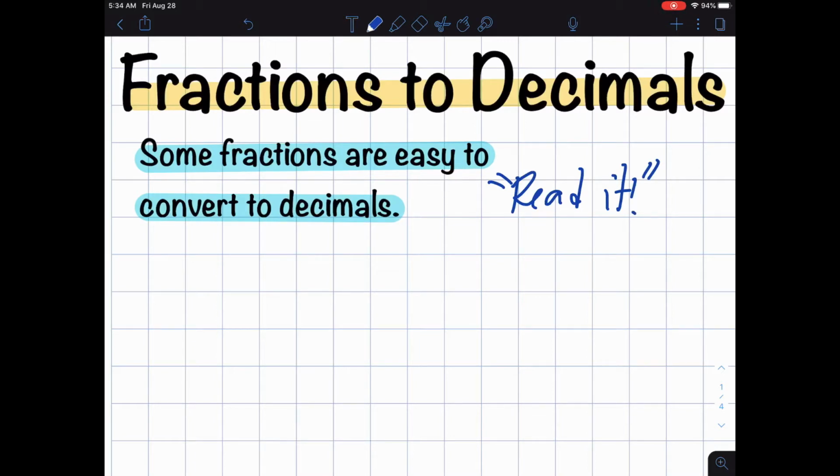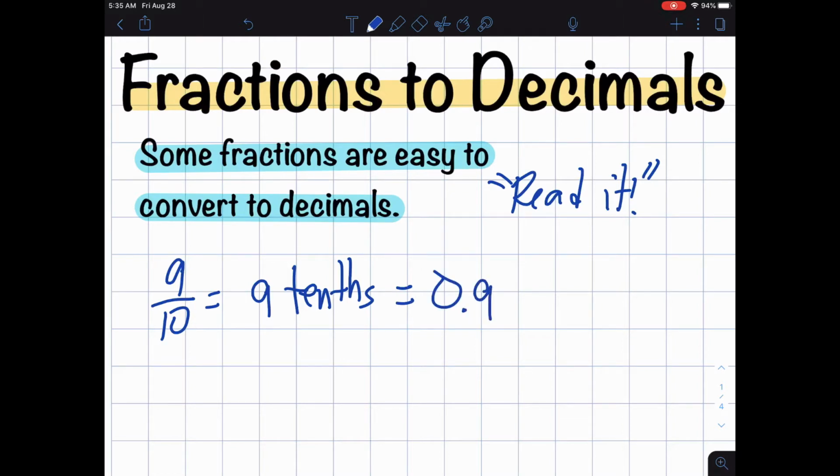The first example is the easy fraction called 9/10. If you read that, you say 9/10. And as you've learned, 9/10, you write it as 0.9.